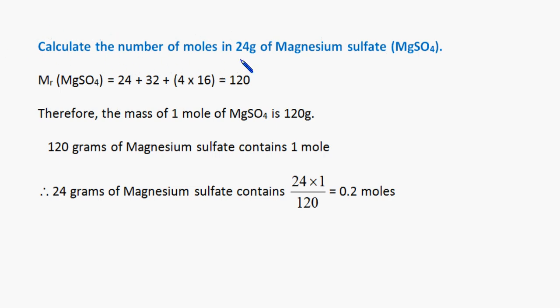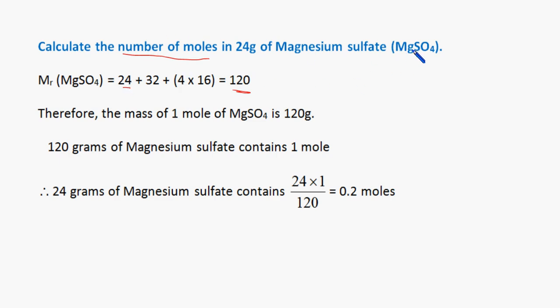Calculate the number of moles in 24 grams of magnesium sulfate. Okay, so they want number of moles. So therefore, I need to write my statement such that moles is on the right hand side. And we are dealing with an ionic compound here, which is magnesium sulfate. Now, previously we had calculated the relative formula mass of magnesium sulfate to be 120, because we have one magnesium atom, mass number is 24.